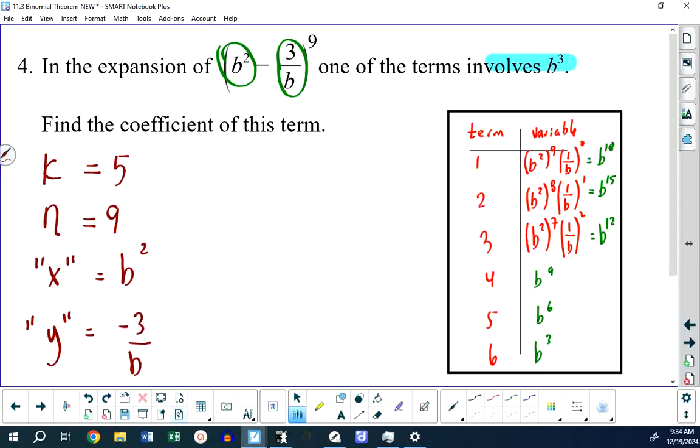So now, Jeff, is the time where we throw that negative 3 in, because now we're going to answer the question. This term will be 9 choose 5 b squared to the 4 negative 3 over b to the 5.